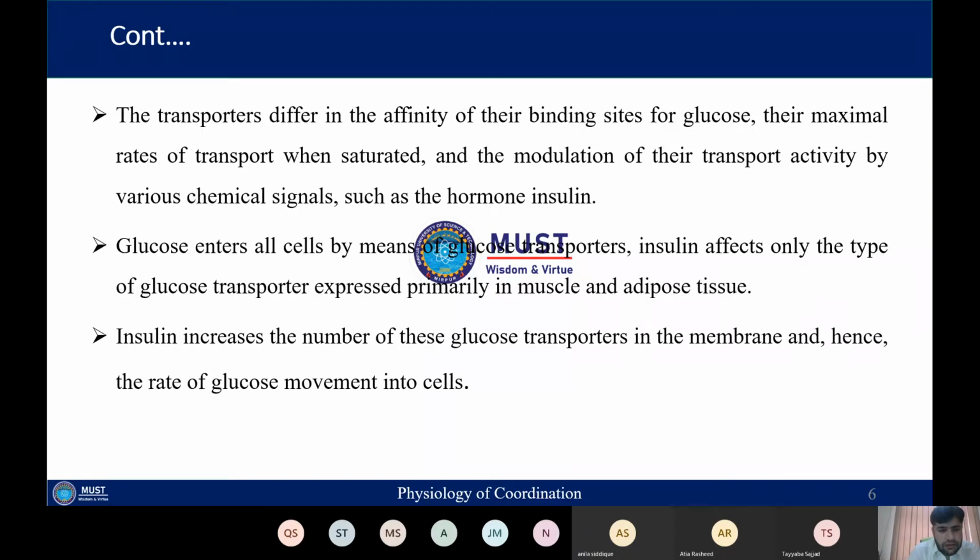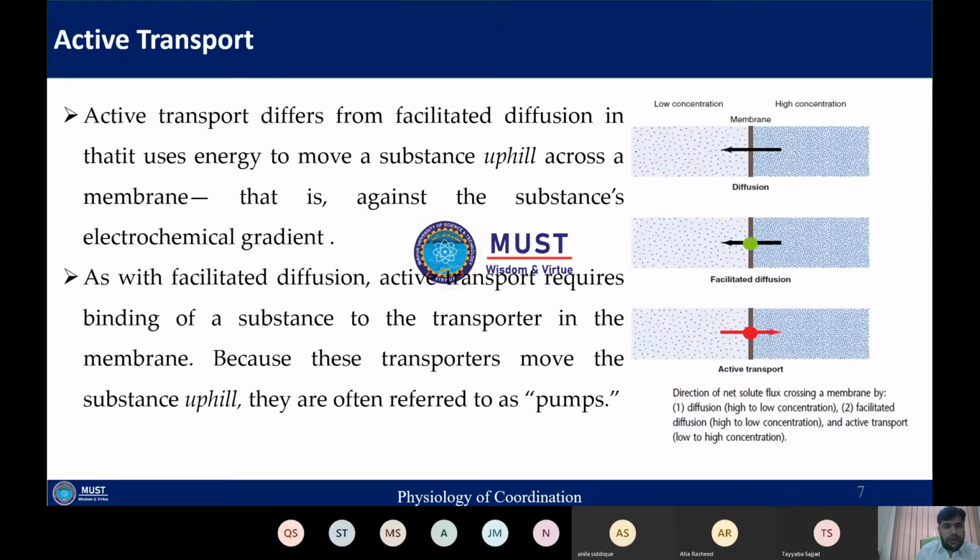And insulin will increase the glucose transporters in the membrane, and hence the rate of glucose movement will also be increased with the help of the insulin molecule.